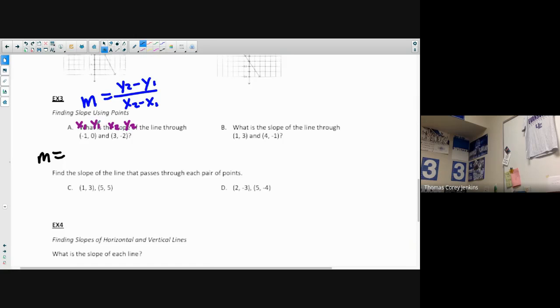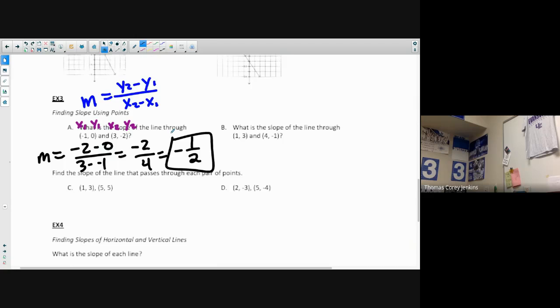So that's going to be -2 minus 0 over x2 minus x1. So 3 minus -1. So that's going to give me -2 over 3 minus -1, like 3 plus 1. So -2 over +4. So negative over positive is negative overall. And 2 over 4 simplifies to 1/2. So -1/2 is the slope of that line.